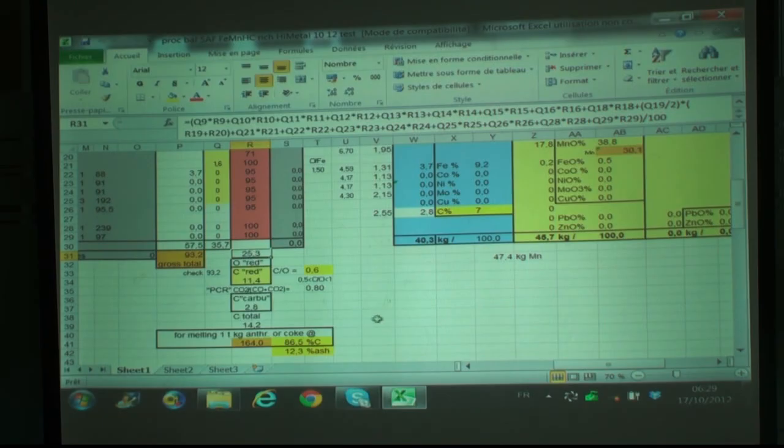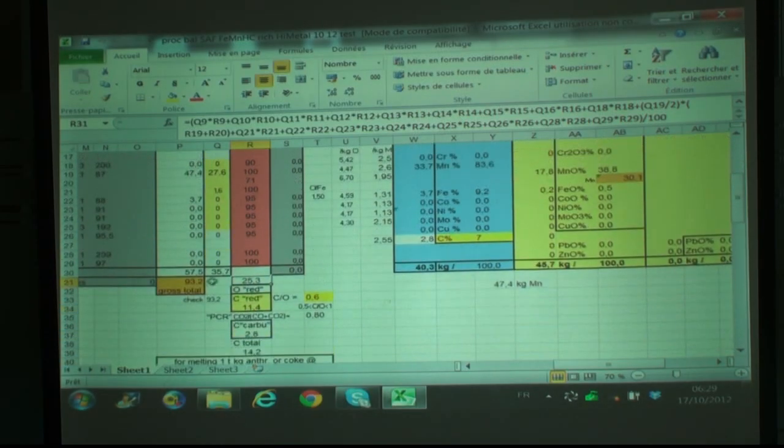Okay. This means that in the reactions, the reaction consists in removing this amount of oxygen, 25.3 kilo, using carbon.